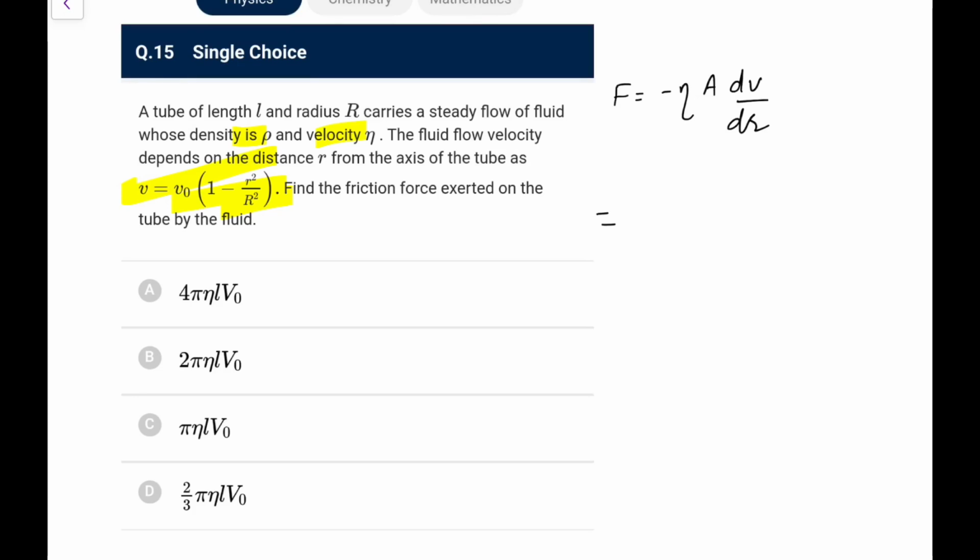So how to do this? We have eta, and the area of the tube would be this curved area, 2 pi r L, times dv by dr. What would dv by dr be?